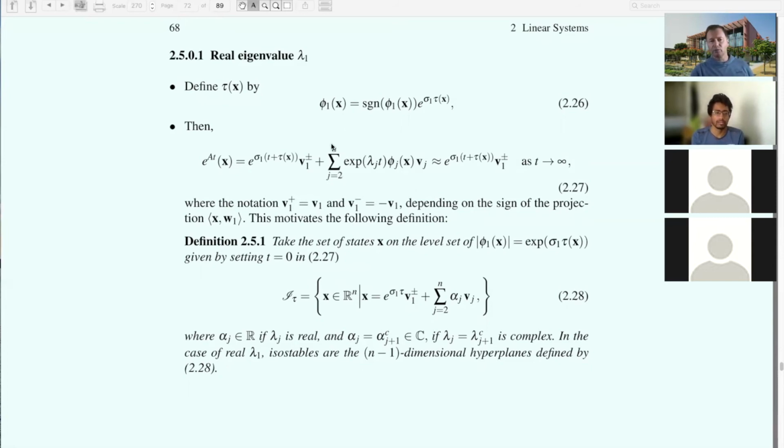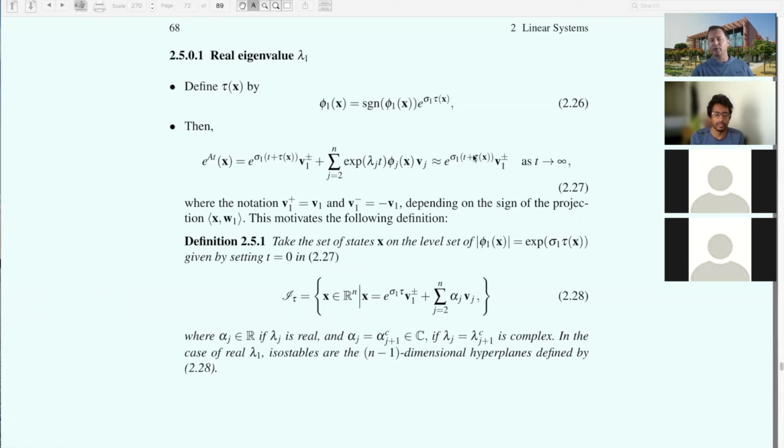j equal to 2 to n. So this is the first term, e^(λ_j t) φ_j v_j. So when t goes to infinity, all of these things, by our assumption that λ1 is the slowest decaying eigenvalue, the least negative, all of these other things go to 0 faster than this term here. So we are going to approximately behave like this first term when time goes to infinity.